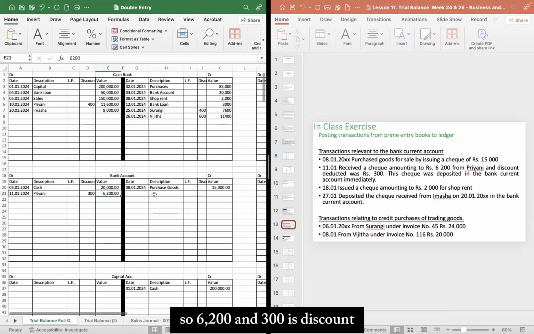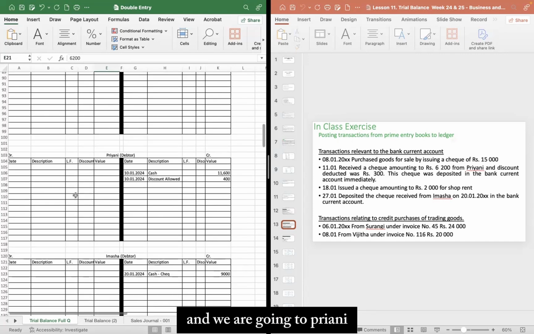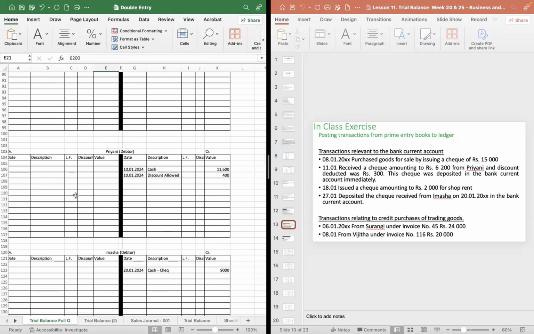Okay. So 6,200 and 300 is discounts. And we are recording it here. And Priyani is my debtor, I suppose, because we are receiving a check from Priyani.